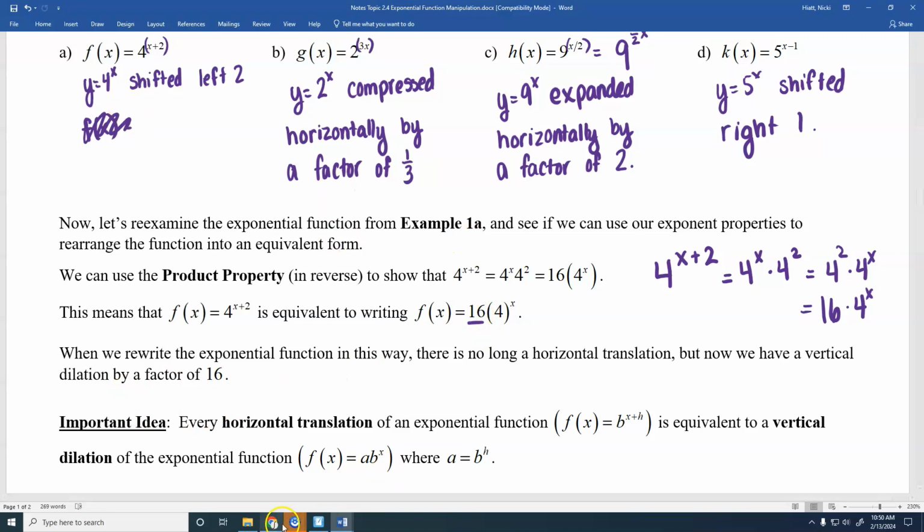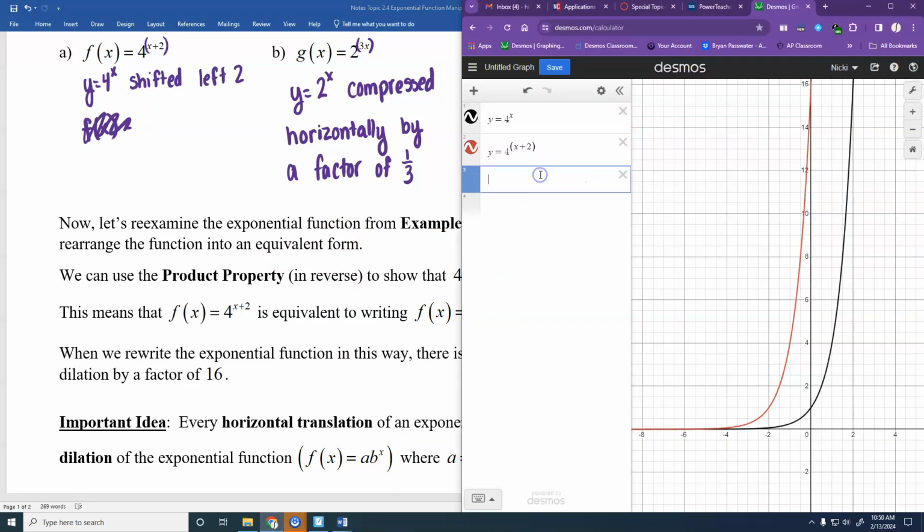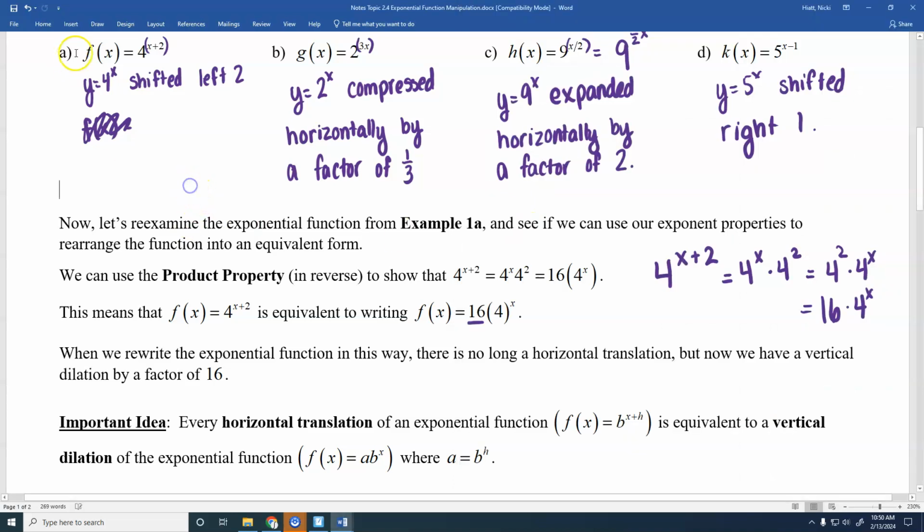So if we flip back over to Desmos, and I graph 16 times 4 to the x power, it's exactly the same as the red graph that I have there. So while A is most easily shown as a horizontal shift, it also has a vertical stretch that is equivalent to it.